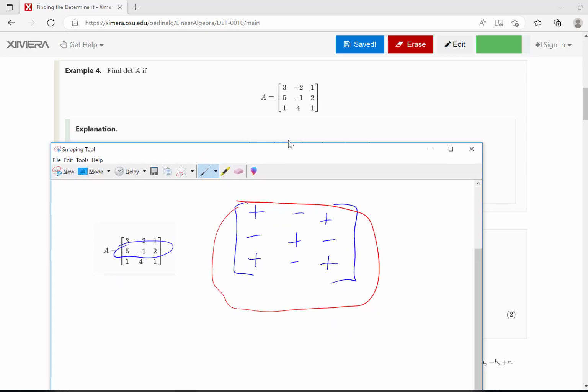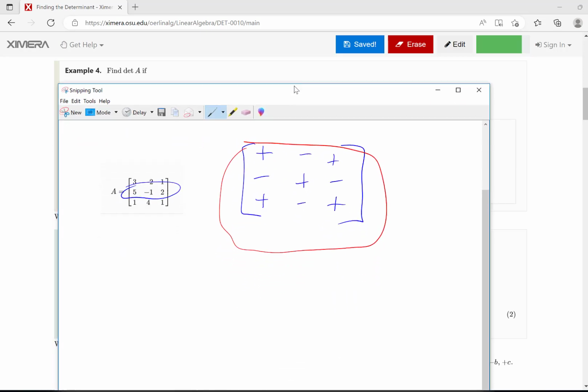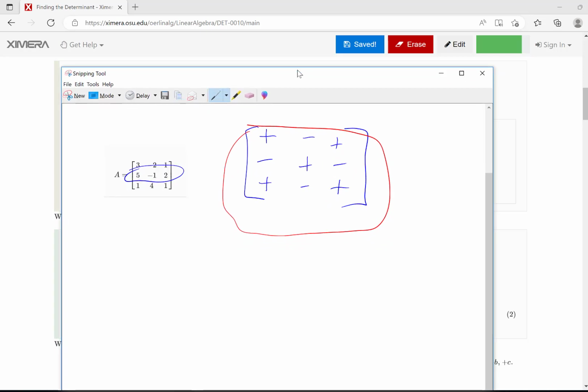So when I go across the second row to compute the determinant, I'm going to have a -5, plus a -1, and a -2 also. So let me go ahead and change pens. So when I do the -1, I will have plus -1 times the determinant of a 2 by 2 matrix.